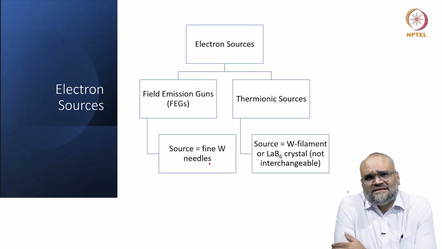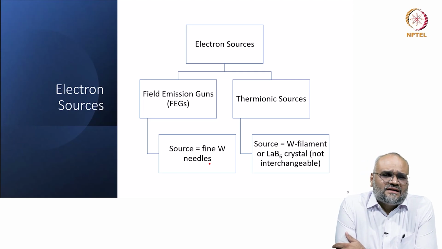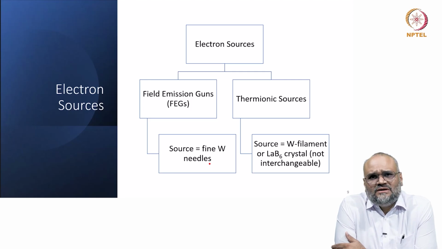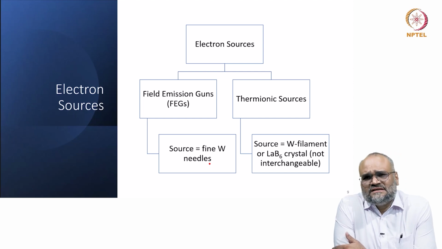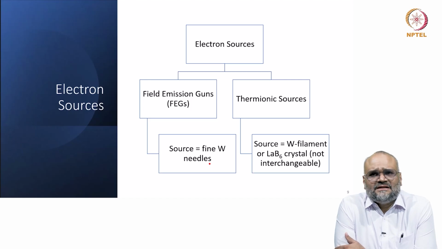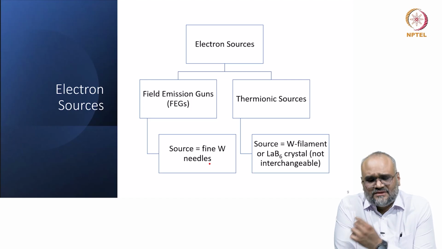Within the field emission guns, you also have the Schottky field emitter or you have the cold field emitter. Typically, the source here in a field emission gun is a tungsten needle, whereas in a thermionic source, you have a tungsten filament on top of which you have a lanthanum hexaboride crystal sitting on the top.